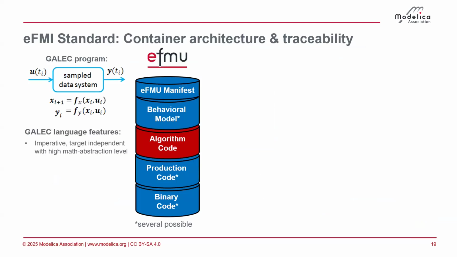The first thing and most important is this algorithm code. That's the starting point for any further code generation, where your simulation tool has to generate algorithm code. And this is represented in this Gallic language, which is an imperative, target-independent language with a high math abstraction level, like you have multi-dimensional arithmetics. You can just say, I want to multiply this matrix with this vector.